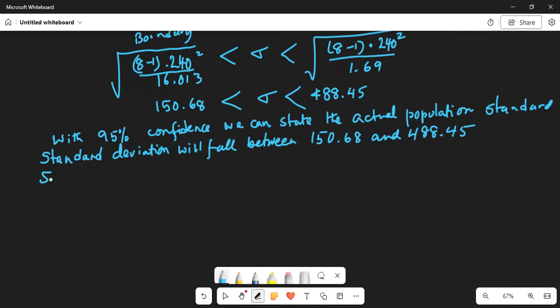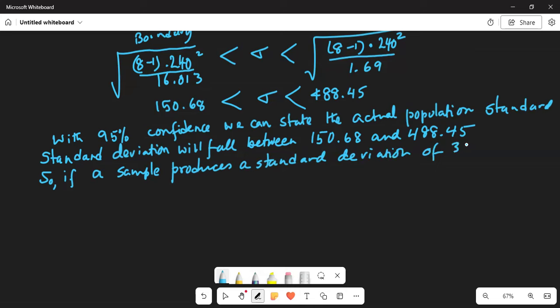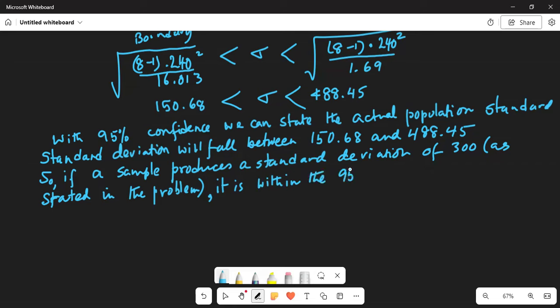So if a sample produces a standard deviation of 300, as stated in the problem, it is within the 95% confidence interval.